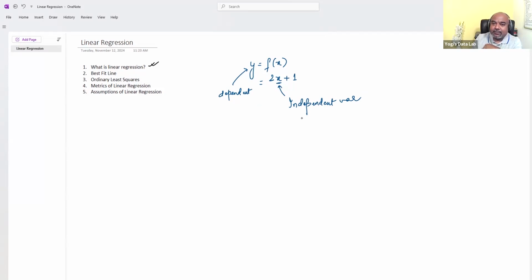These independent variables, which we'll see ahead, are also known as predictors. Why? Because they are contributing towards your target variable, which is y.